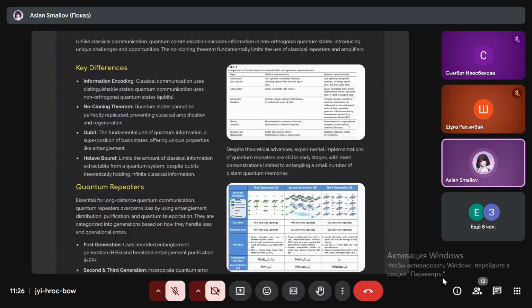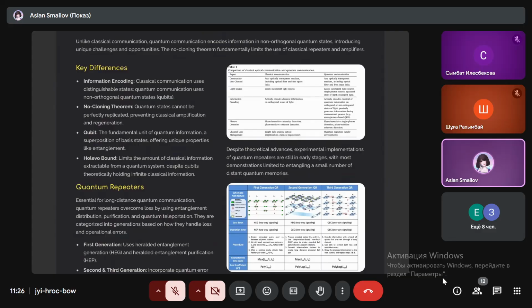Here, the single photon is the main difference. And channel loss management: for classical communication, we have bright light pulses, optical amplification, classical regenerators. For quantum communication, it will be quantum repeaters.